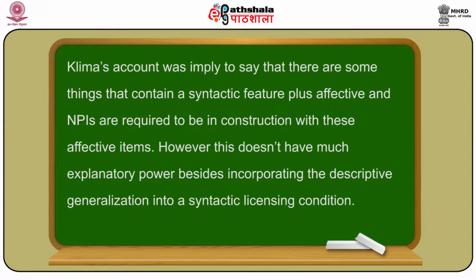However, this doesn't have much explanatory power besides incorporating the descriptive generalization into a syntactic licensing condition. There are also some other problems that you can think about. For example, why does every license NPIs in its restriction but not in its scope?